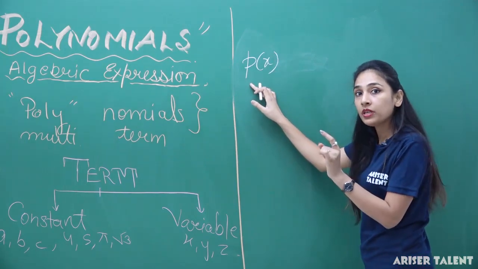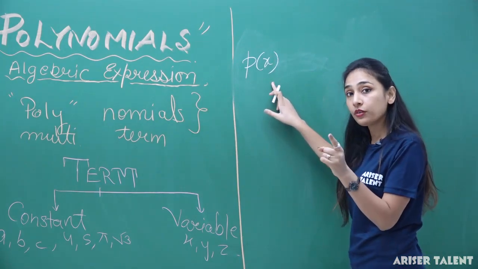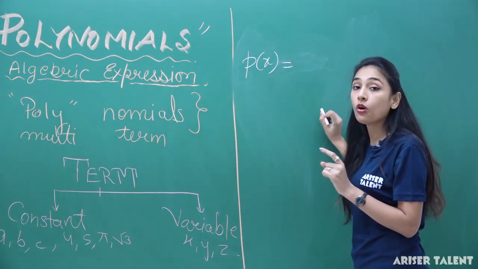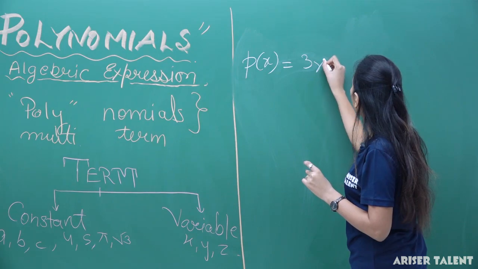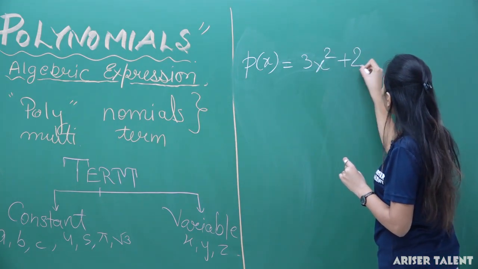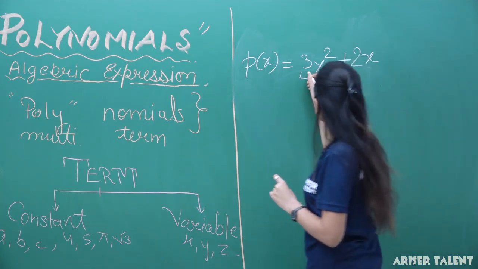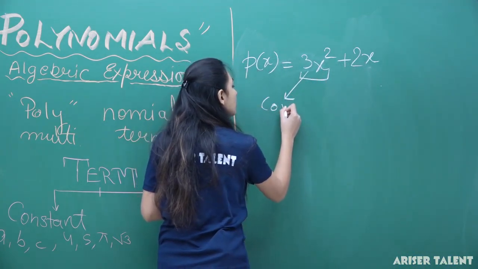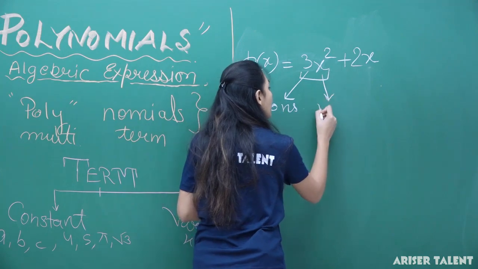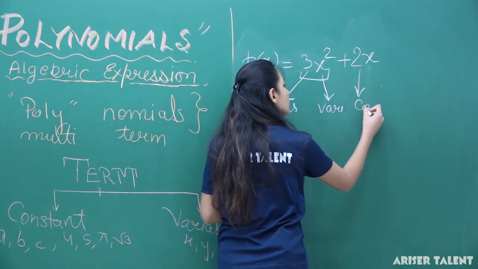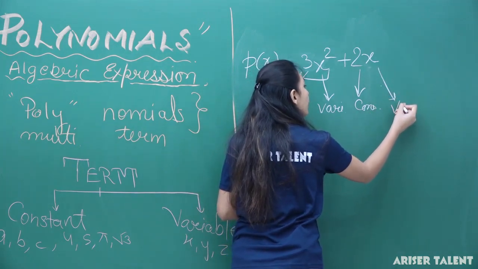P, that is polynomial of x, so we are going to write it like p(x) only. So p(x) equals 3x square, or 2x square, whatever you want to write, plus 2x. Now this is a term. Why is it a term? Because this 3 is a constant and x is a variable, and here 2 is a constant and x is a variable.